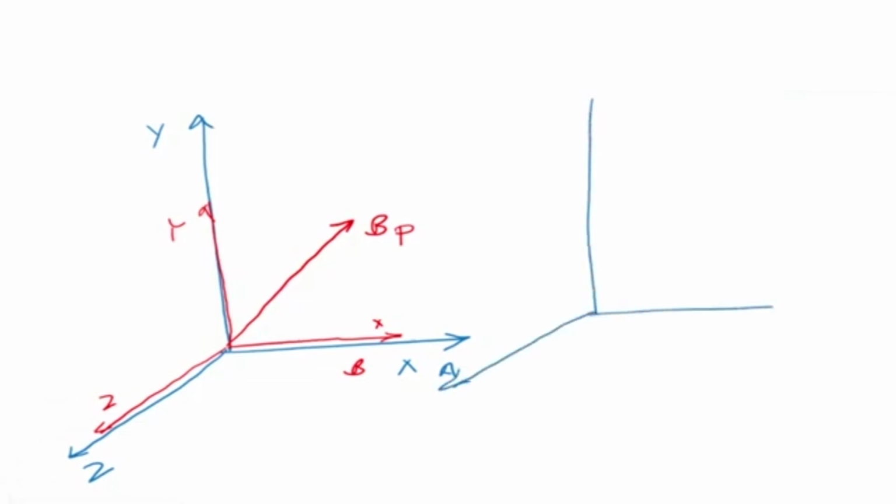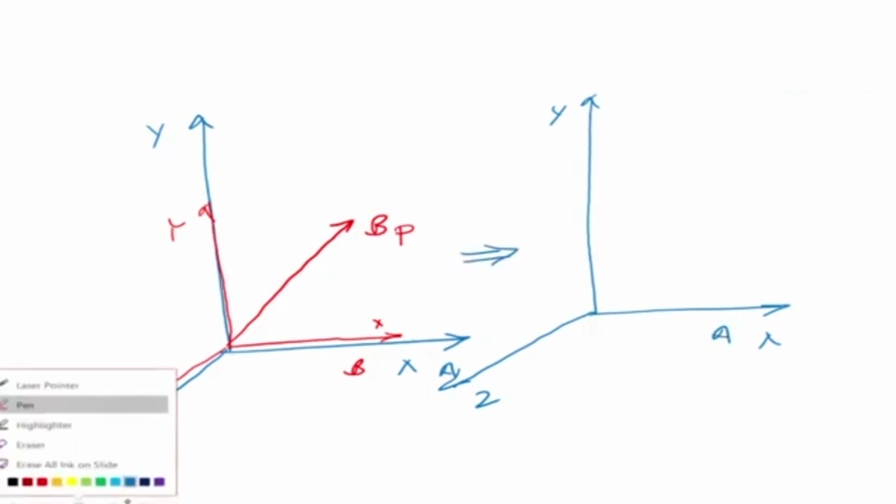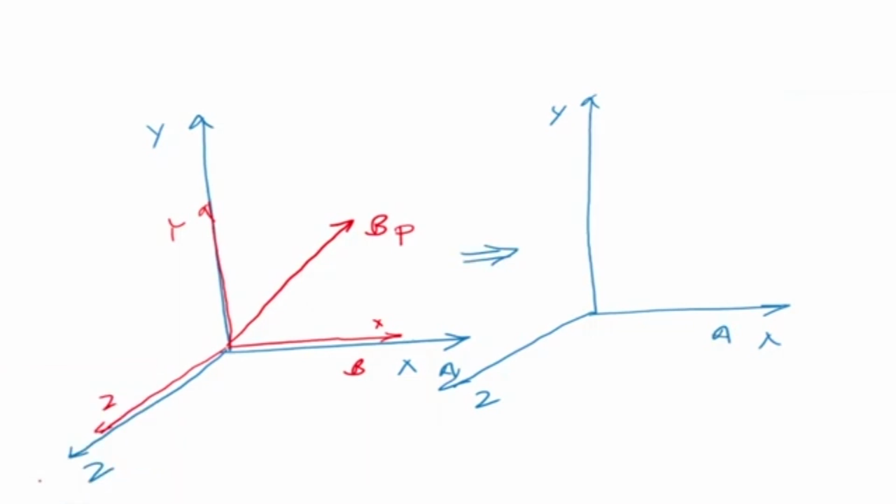This is my x, y, and z of A. Now I've translated axis B by some distance, so it has gone here. My vector BP is here now. This is my frame. There is no rotation between them. Please note the x, y, and z.